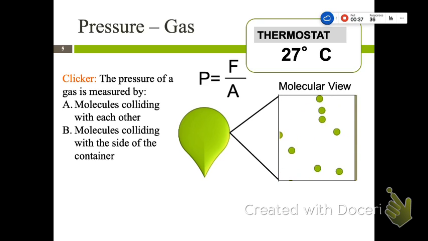A couple more seconds. All right, we're closing out. I kind of gave this away a little bit by the diagram that I showed, and hopefully you've done it in lab, and maybe it was in your primer. Not sure. I can't remember if it was in the primer. In order to measure pressure, we have to measure collisions.